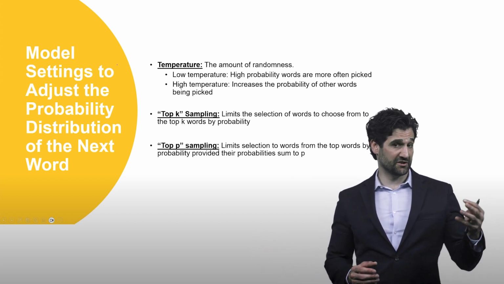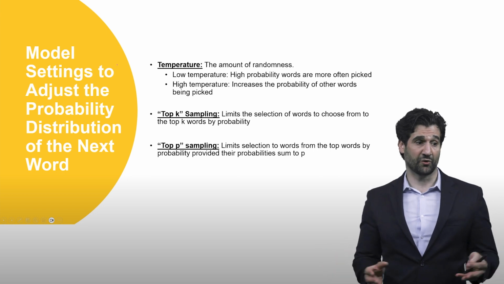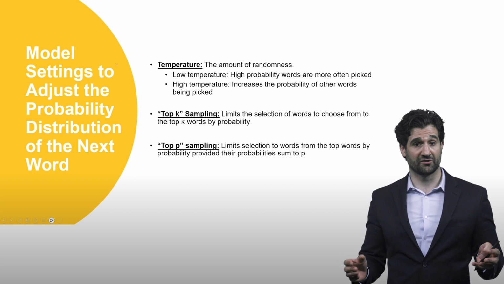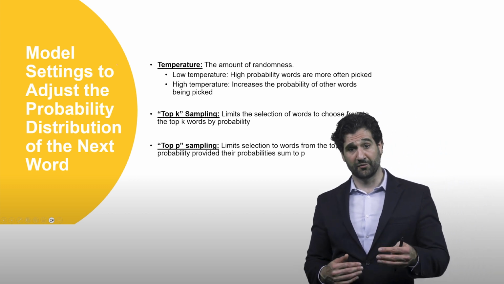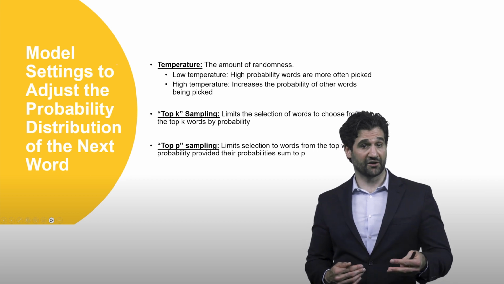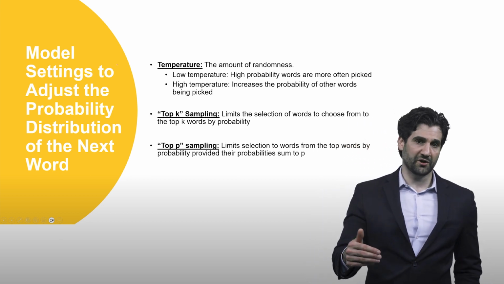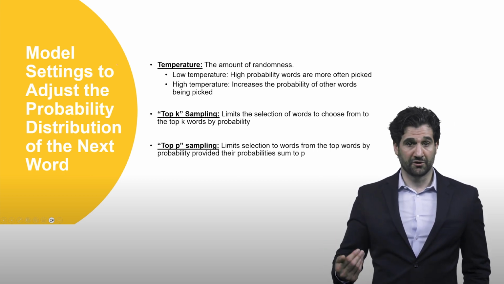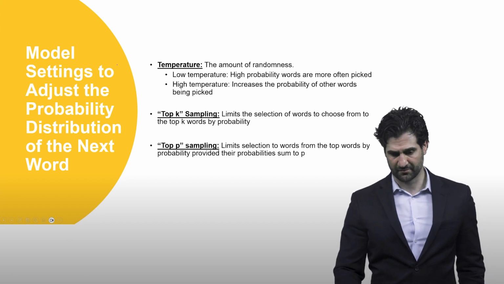In the slide I just showed you, you're essentially doing top 3 sampling, limiting the probability distribution to only 3 things. You can also limit the sampling based on the sum of the probabilities of the top elements as an alternative, and that's called top P sampling. All 3 of these settings are available in most of the major large language models provided by vendors.